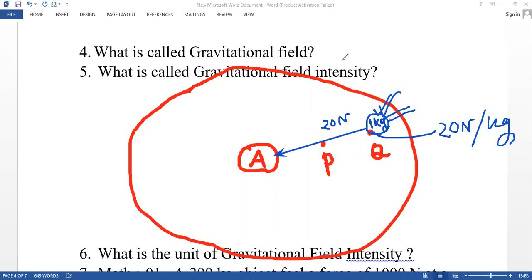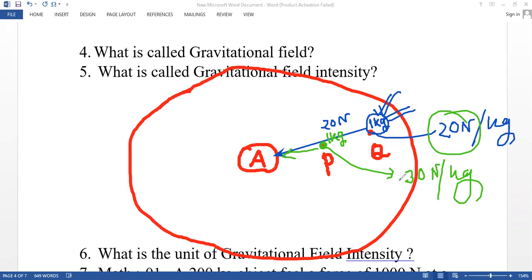But if you place the 1 kg object here, it will feel more force because the distance is less. That's why the intensity of this point will be greater, because it is nearer to the object. Think that it is 30 Newton per kg.